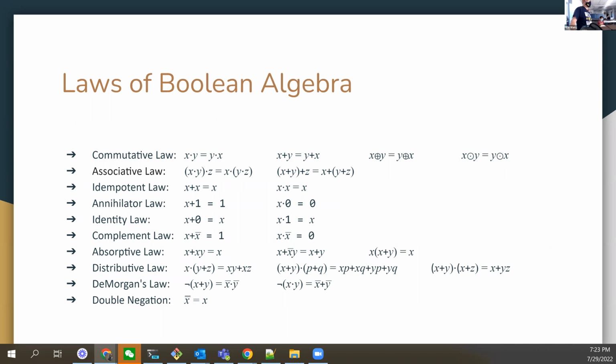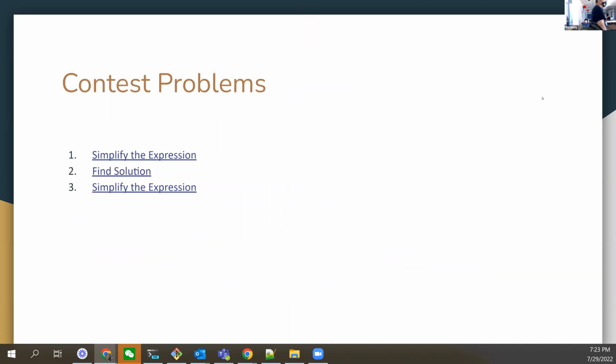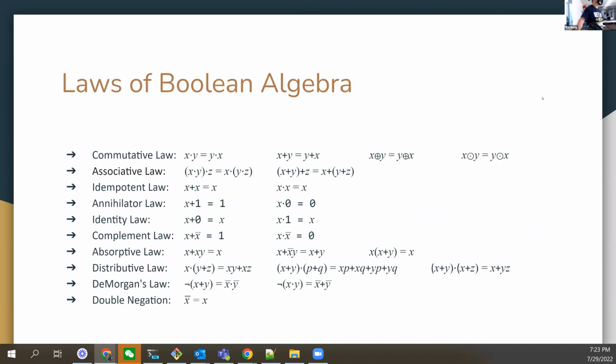And so we talked about that, and then these laws are very similar to the laws you have in regular math, in regular algebra. So you have commutative, where you can switch positions of the variables, or the components in an expression, and the result of the expression does not change.